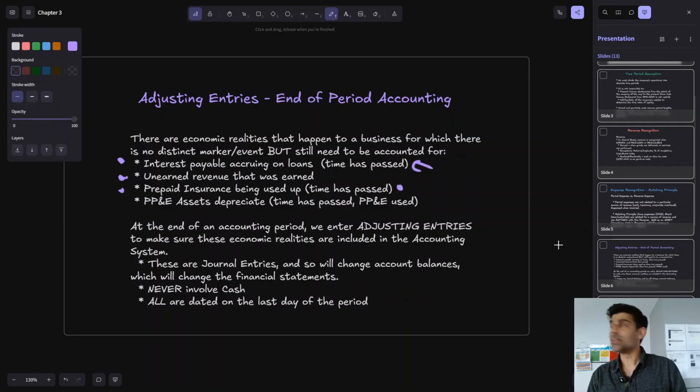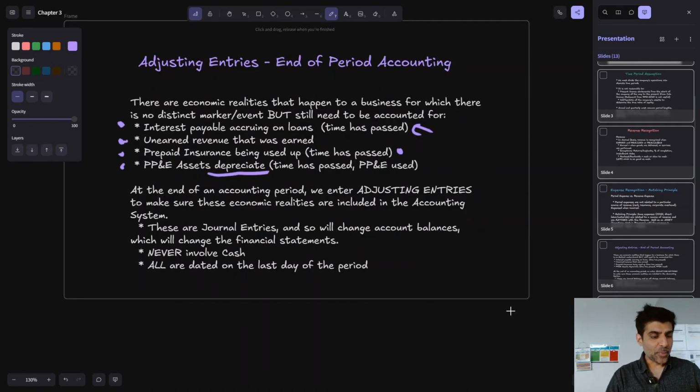Time has passed, so we have to do something about that. Depreciation: time has passed and we've used up our assets like vehicles and machinery; all of this has been depleted. We're going to talk about what depreciation is in a second, but we also need an adjusting entry to account for that expense. These are just some examples of why we need adjusting entries.